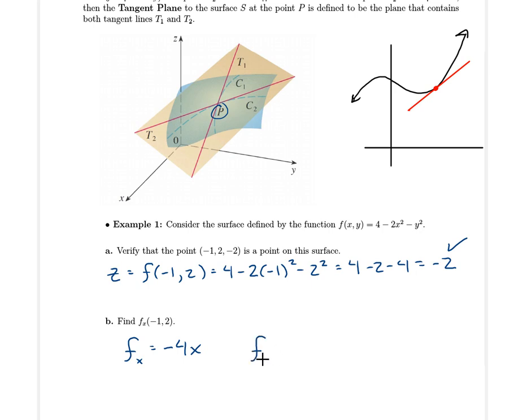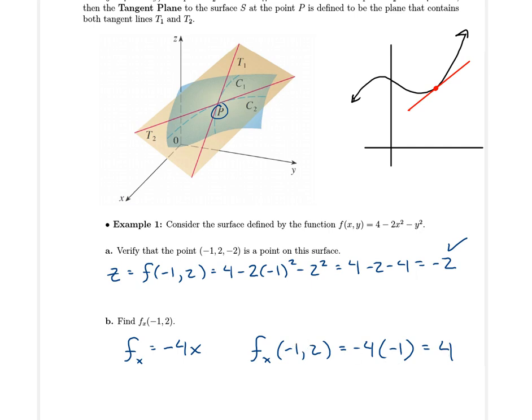And so the partial with respect to x at -1, 2 is going to be equal to -4 times -1, plugging -1 in for x. So the partial derivative with respect to x at this point here is just 4.